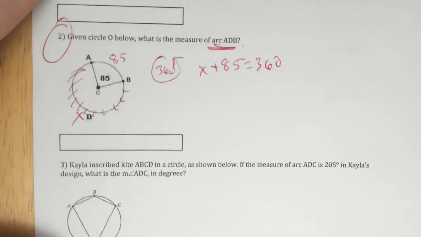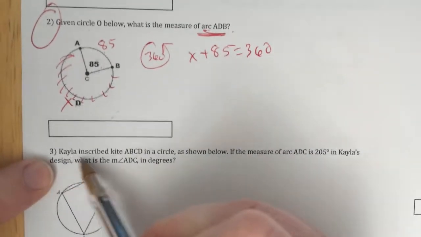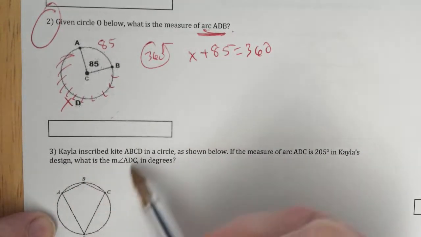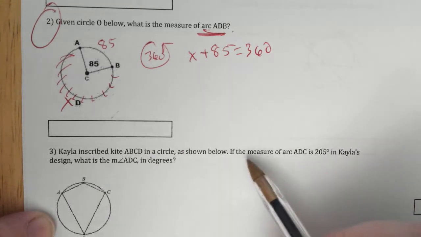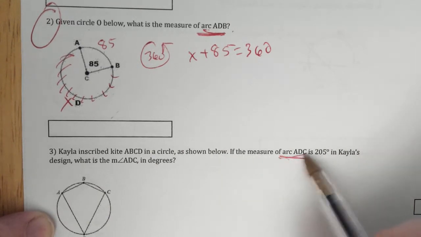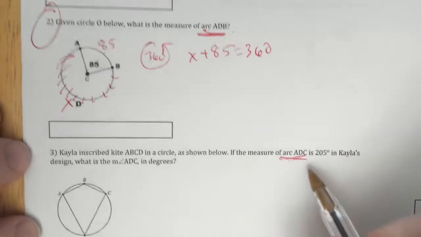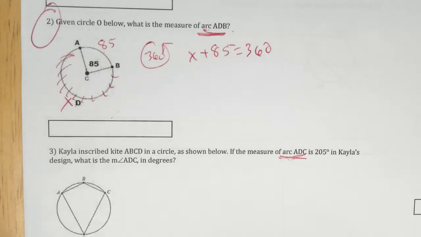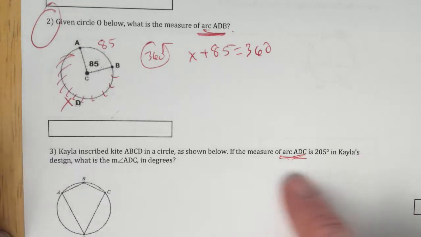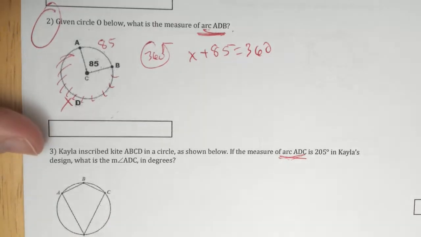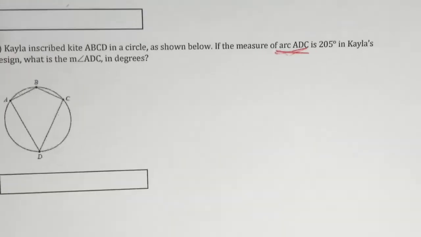All right, and then number 3. Kayla inscribed a kite, so here's a kite as shown below. If arc ADC, so I'm going to start writing in blue or in pen what they're going to give to us, and then all my work will be in red pen. So that will help us out here.